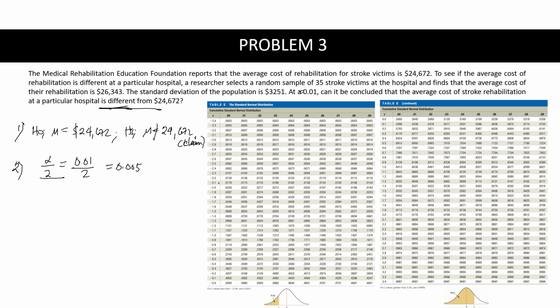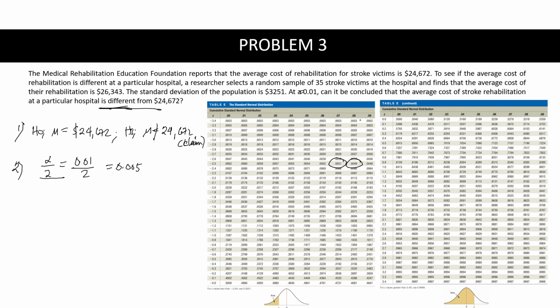The closest value to this one, let's start first with the left tail. The closest is between 0.51 and 0.49, like what we solved last time, between 7 and 8.